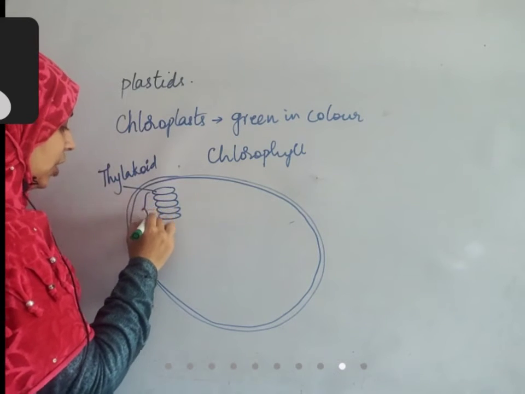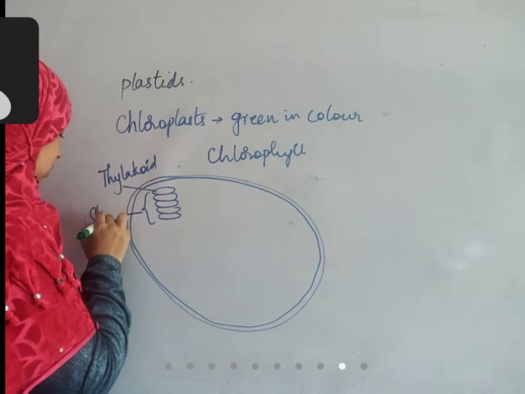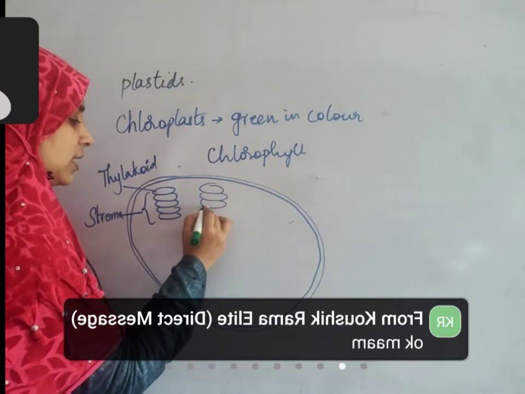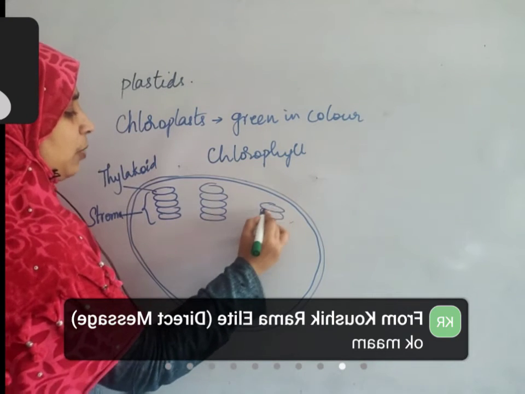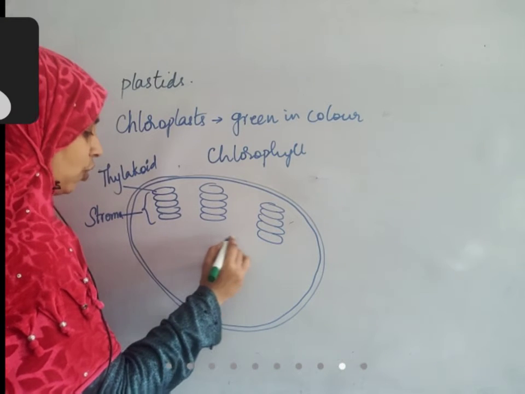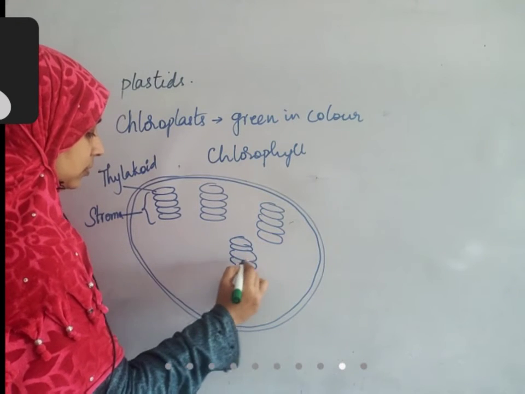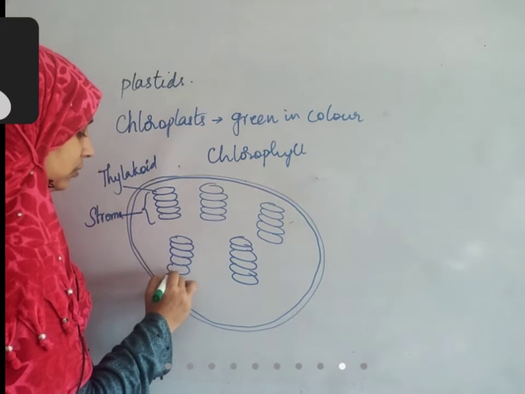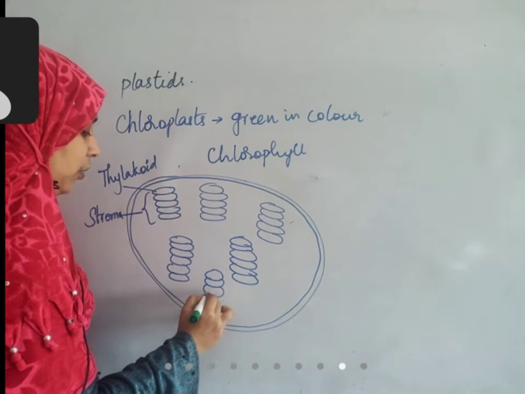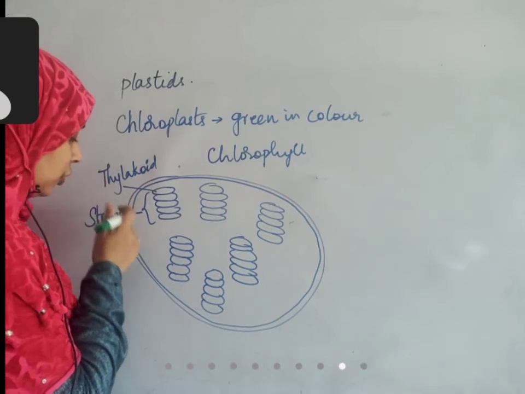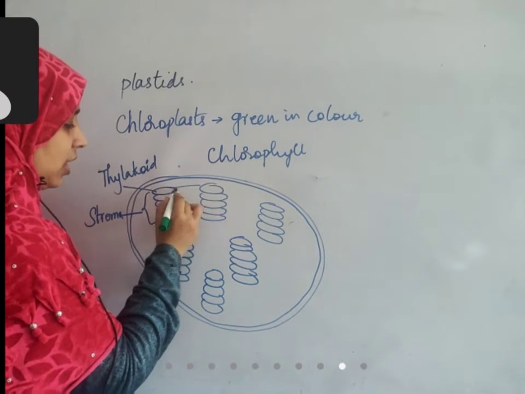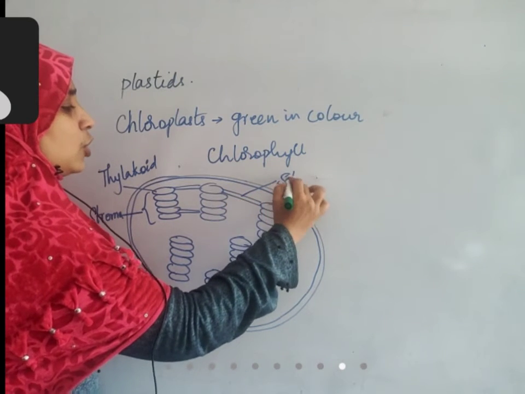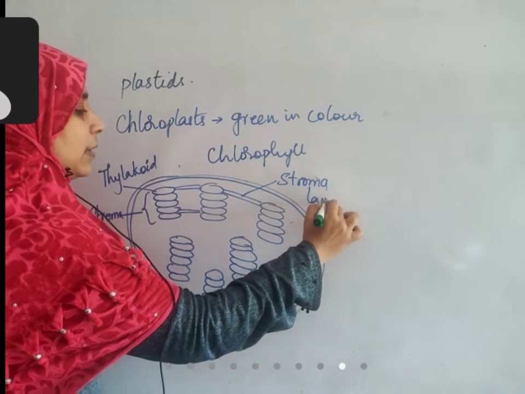The stacks of thylakoid are called stroma. There is not only a single stroma, so many are present depending upon the chloroplast. All chloroplasts do not have an equal number. These stacks are connected together by membranes, also called stroma lamellae.